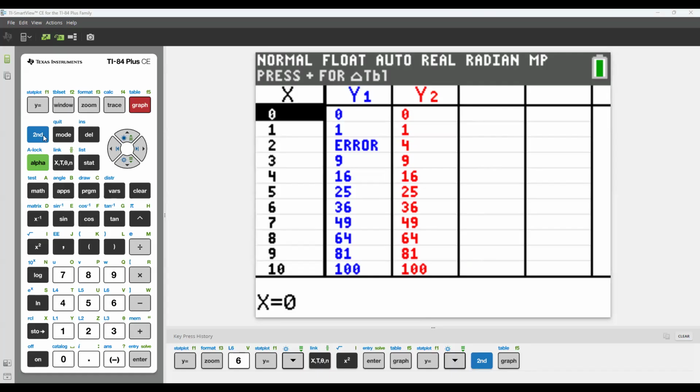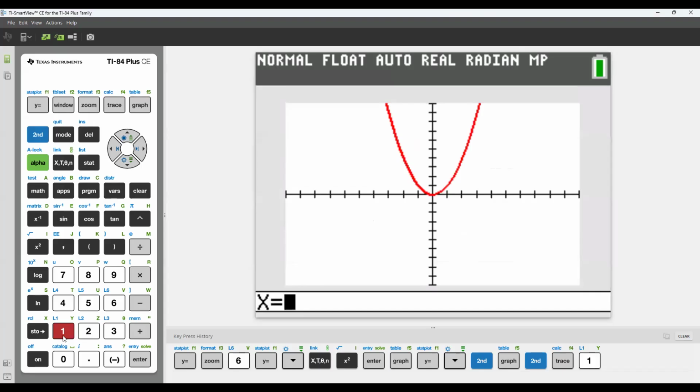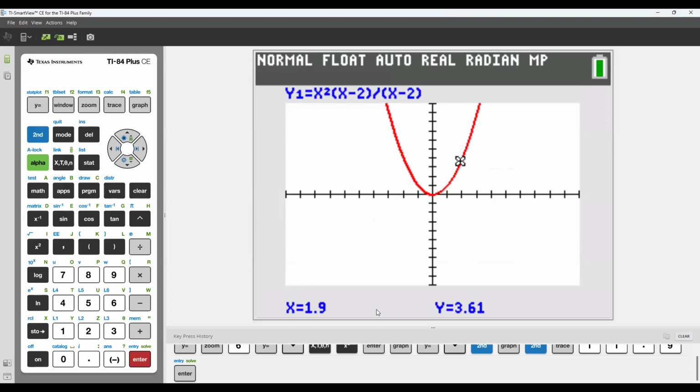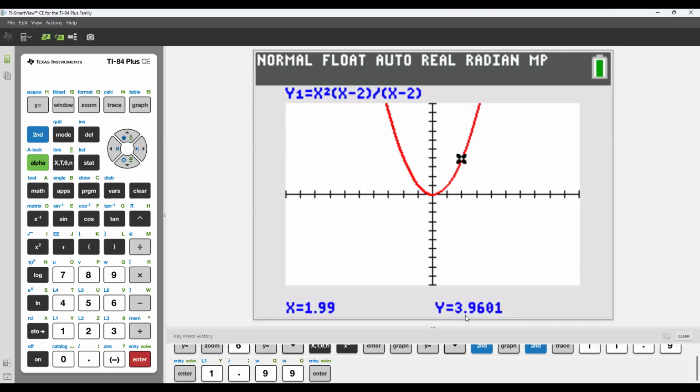So how do we actually use a calculator to help us to do this? We have two ways to do this. One, you could click on second trace to bring up calculate, this menu right here. And then you could click on 1, and you could input 1.9, right? And then write down when the input is 1.9, then the output is 3.61. When the input is 1.99, then the output is 3.9601. Okay, so this is actually one way to work out the problem.